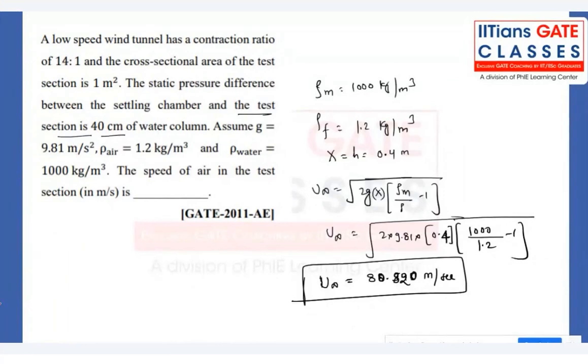So these are redundant data that are of no use. They have just given the configuration of the wind tunnel testing, the contraction ratio, and the cross sectional area of the test sections.